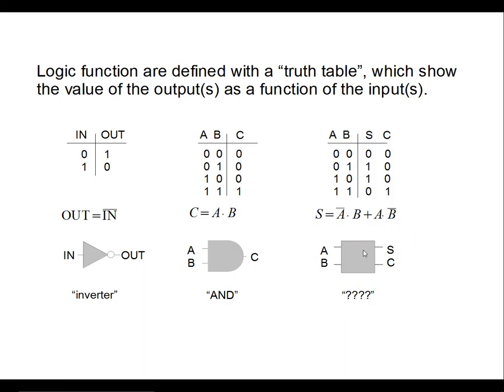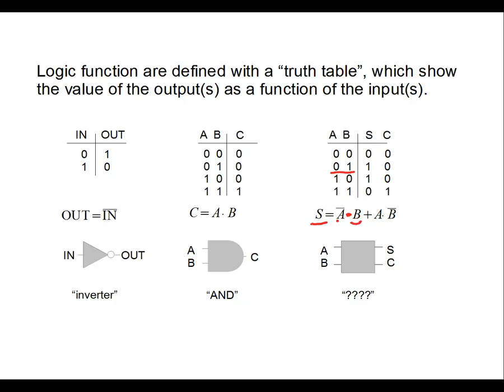Well, I'll just take one of the outputs, and let's take a look at S. So what is S? Well, S is 1 in only 2 of the rows. The first row is here, and so what we're going to say is that it's when A is equal to 0 and B is equal to 1. So B is equal to 1 says we can do it this way.